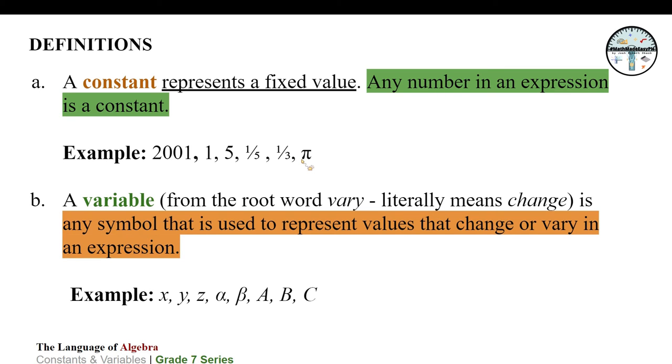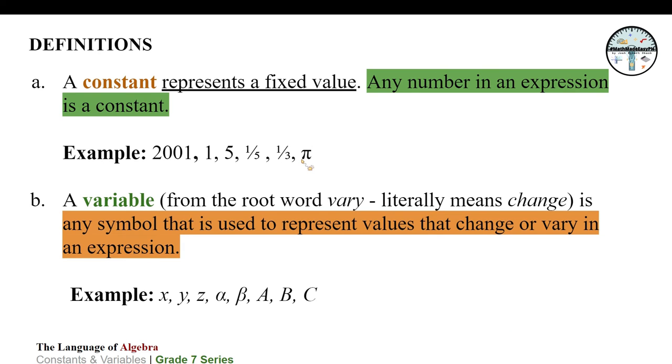Letter B: a variable. The root word vary literally means change. We can really see in the word variable its root word, vary, which means change. It is any symbol that is used to represent values that change or vary in an expression.